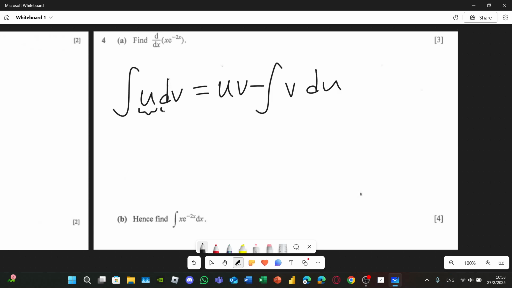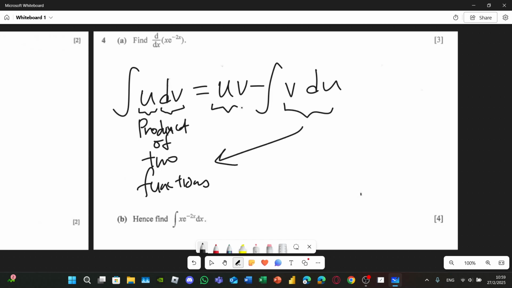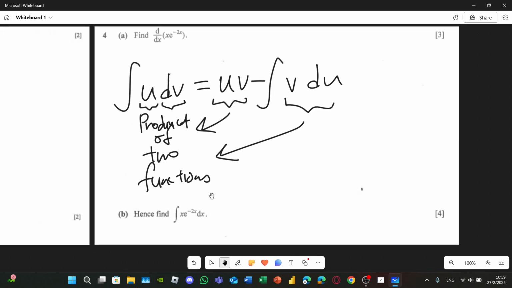So this u dv represents the product of two functions. And I'm going to use this to find this integral of x e to the power negative 2x dx.